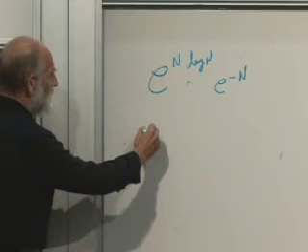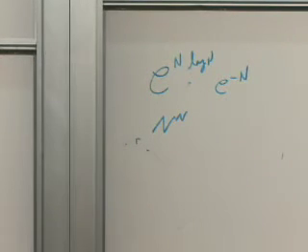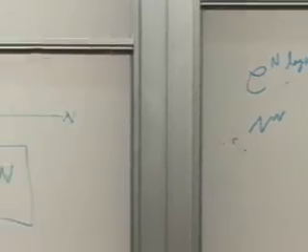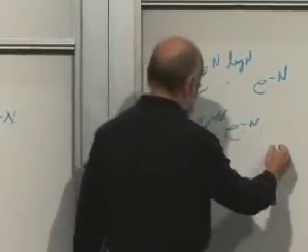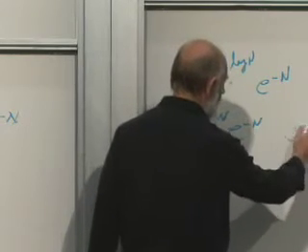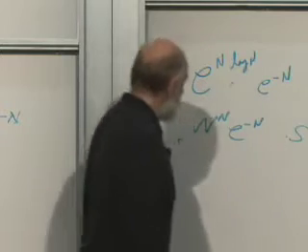That's n to the n. So n to the n times e to the minus n. This is Stirling's approximation to the factorial function.